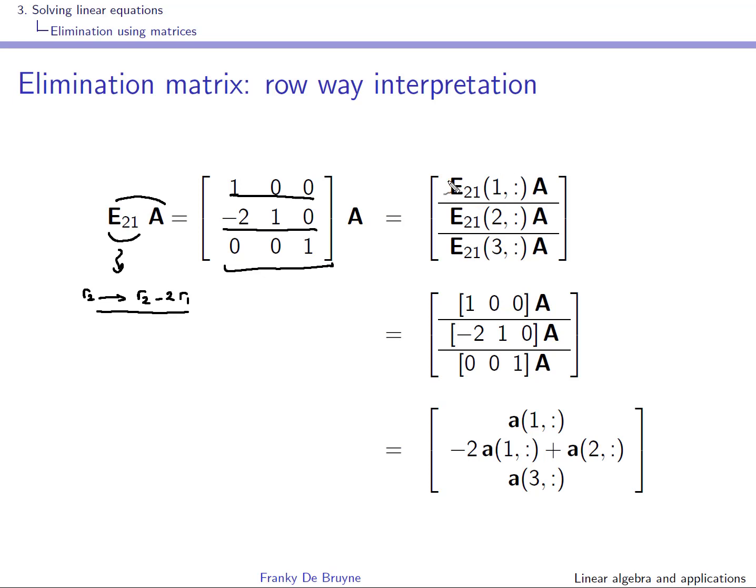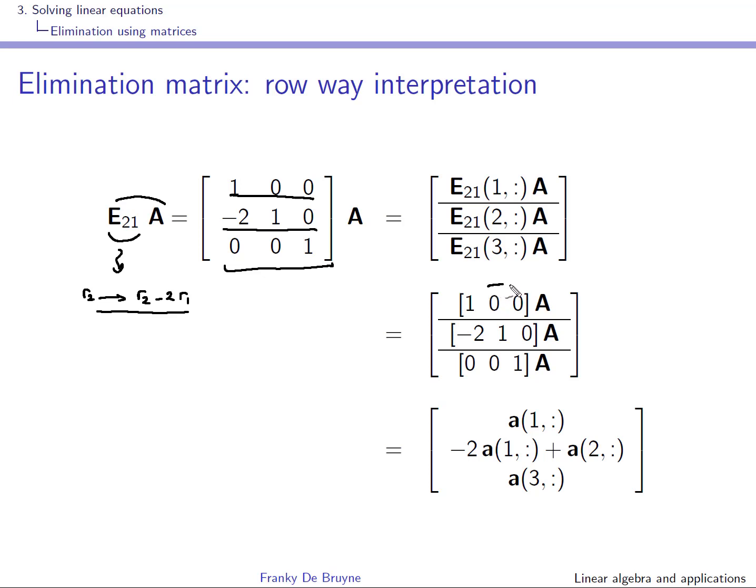In our case, the first row of the elimination matrix is 1, 0, 0, the second row is minus 2, 1, 0, and the last row is 0, 0, 1.